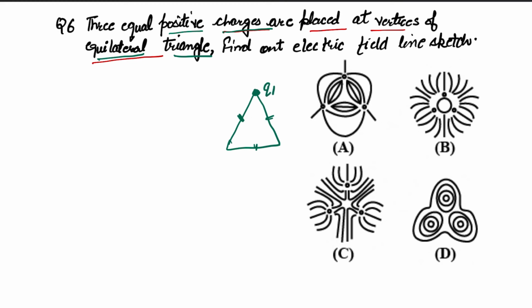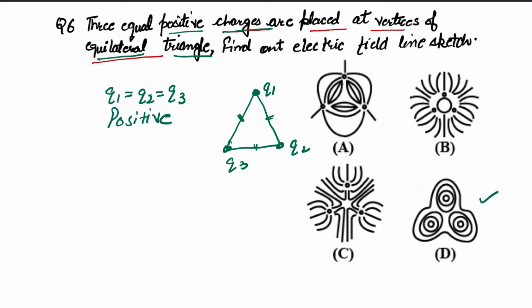Say I put Q1 here, Q2 here and Q3 here at the vertices of an equilateral triangle such that Q1 is equal to Q2 is equal to Q3. All the charges are equal, and all the 3 charges are positive charges. Find out the electric field line sketch. You need to find out which among these 4 is correct, right?